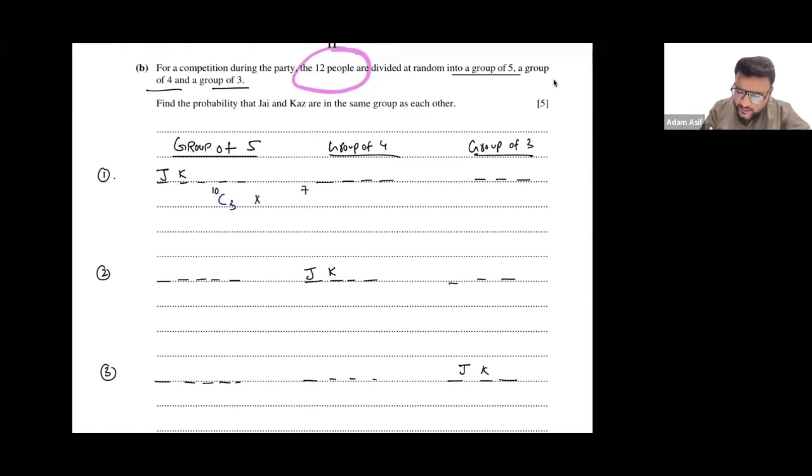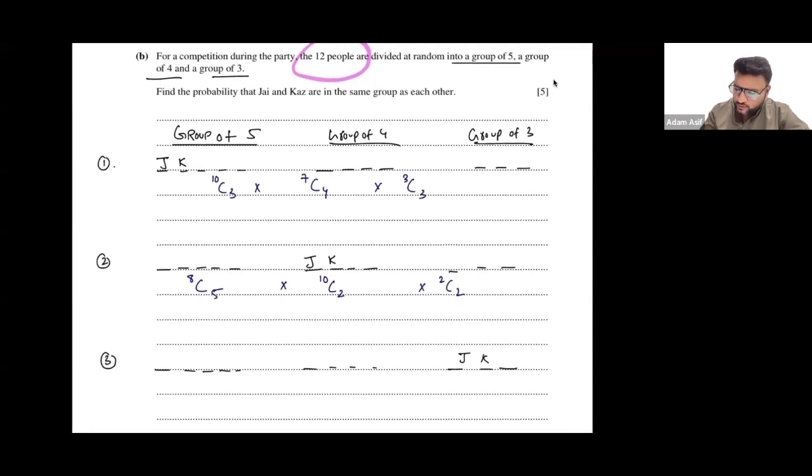And out of the remaining 7 people, any 4 people can go in group 4. And out of the remaining 3 people, all 3 people have to go in group 3.